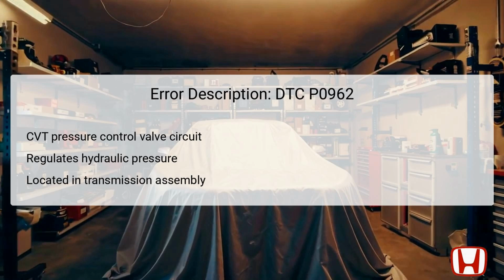If this valve does not function correctly due to electric circuit issues, the performance of the CVT will be impaired. Therefore, an effective troubleshooting approach is required to identify the source of the problem and ensure optimal transmission performance.